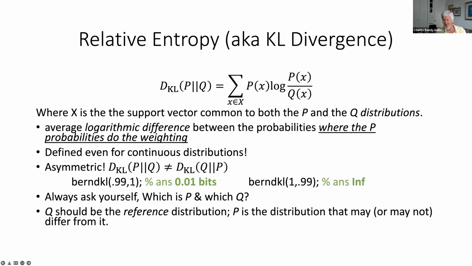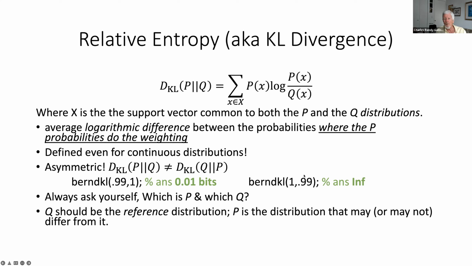You say that's a distribution? Well, yeah, sort of. It's an extreme case, right? Okay, what is the divergence between them? Intuitively, you say, well, gee, they're pretty close, right? And indeed, when you compute the divergence, putting the 0.99 in the first argument and the 1 in the second, you get 0.01 bits, right?